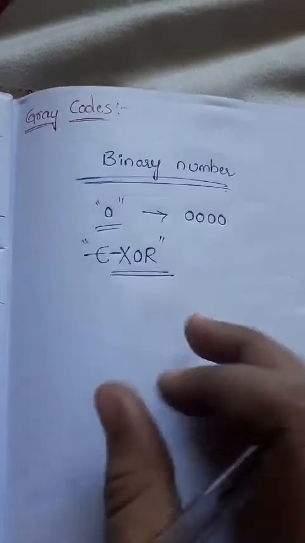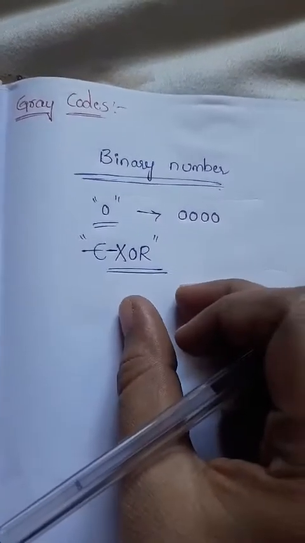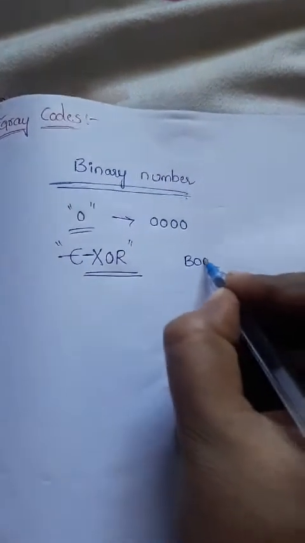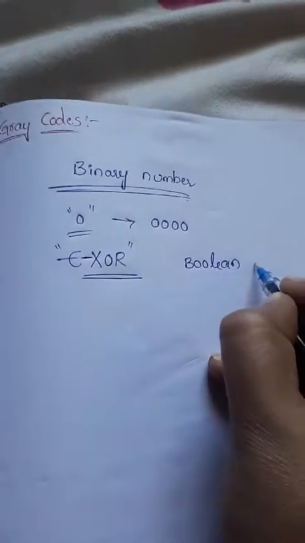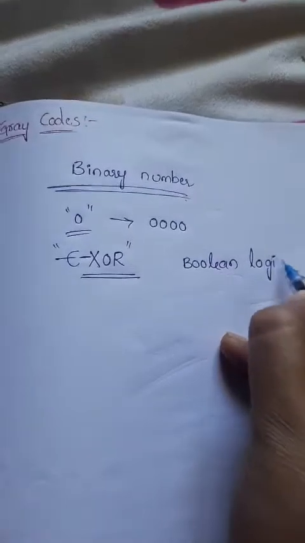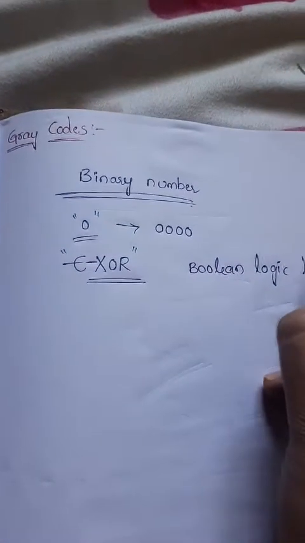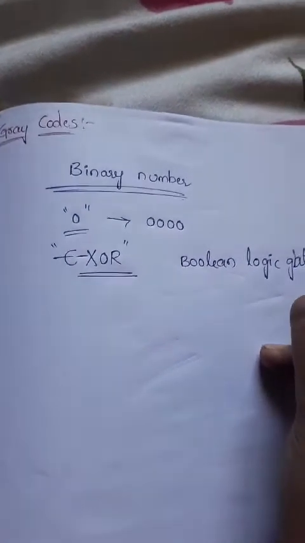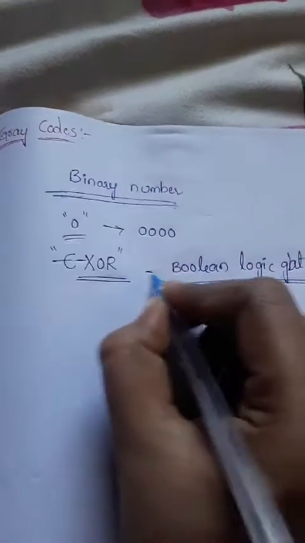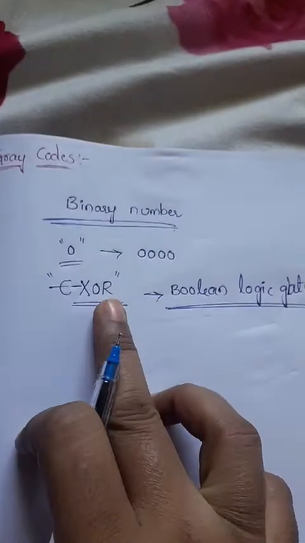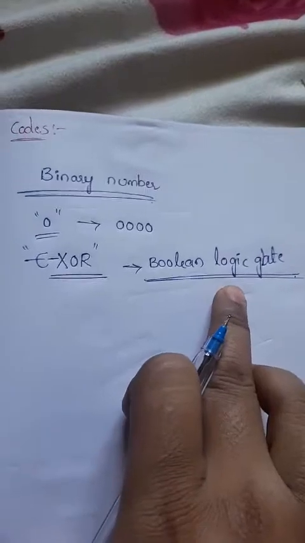XOR is one type of Boolean logic gate, an electronic device that we can call a gate.